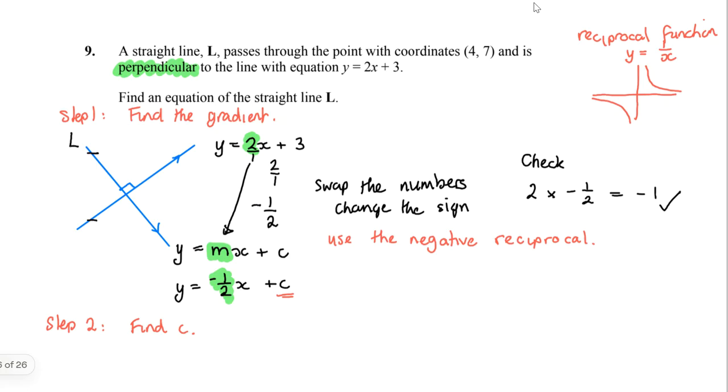But this is 4, 7. Is 4, 7 on the y-axis? No, right? That's important. So 4, 7 is the point we're going to use, but this is not on the y-axis. So C is not 7.